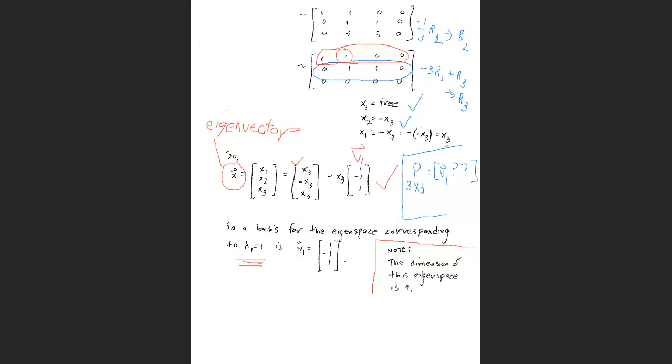To construct the matrix P, I found one eigenvector corresponding to the eigenvalue of 1. What else do I need to find? What vectors are going to be in these two spaces here?